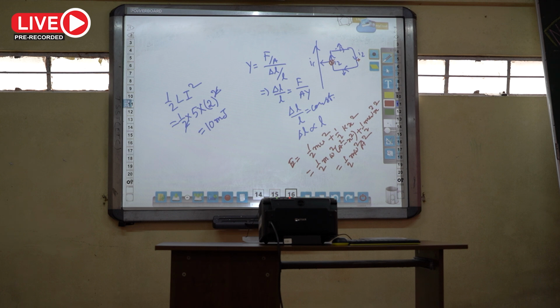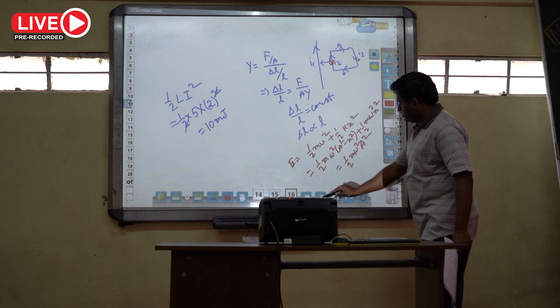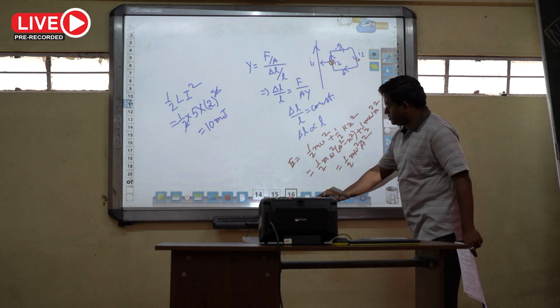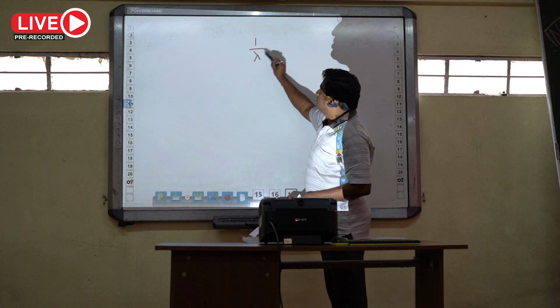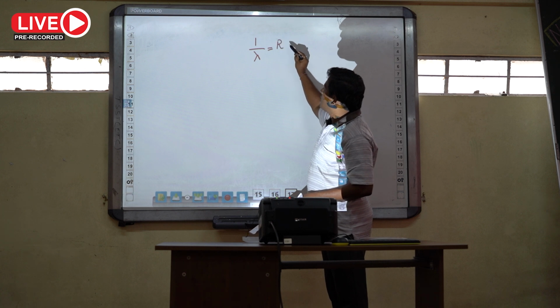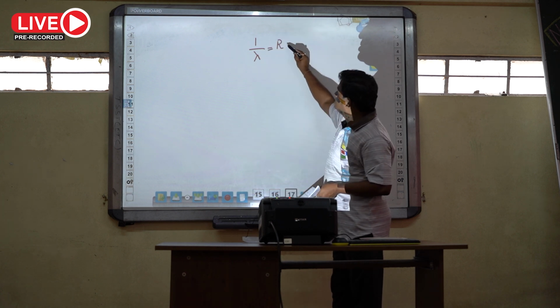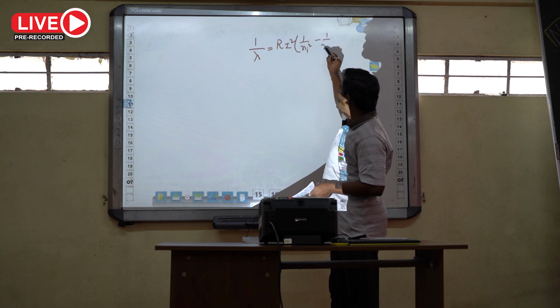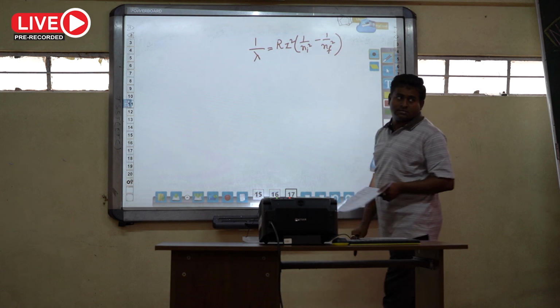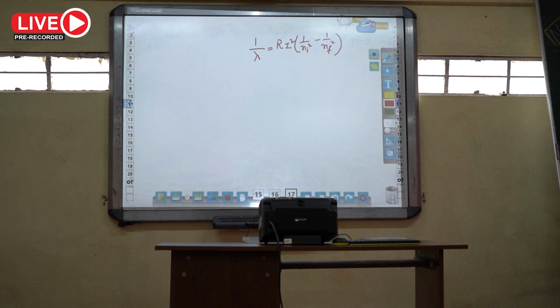The frequency of the corresponding line emitted by the doubly ionized helium ion will be. 1 by lambda is equal to R Z square into 1 by n_i square minus 1 by n_f square.